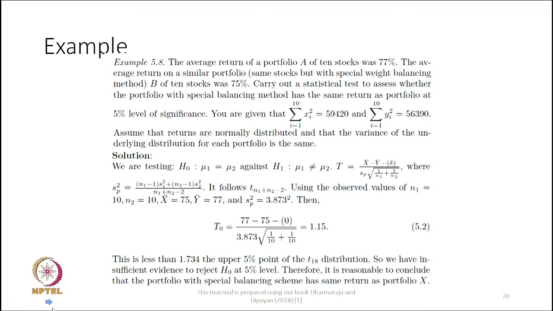Assume that the returns are normally distributed and that the variance of the underlying distribution of each portfolio is the same. So, the question is we have to test the hypothesis, with the null hypothesis that the population means are the same, and the alternate hypothesis that the population means are not the same.